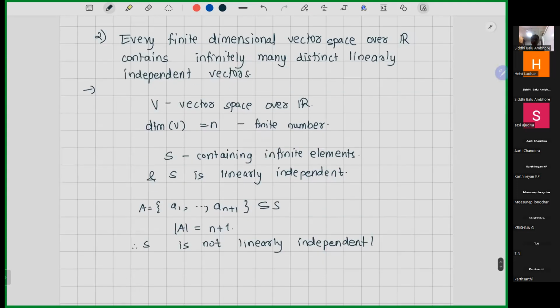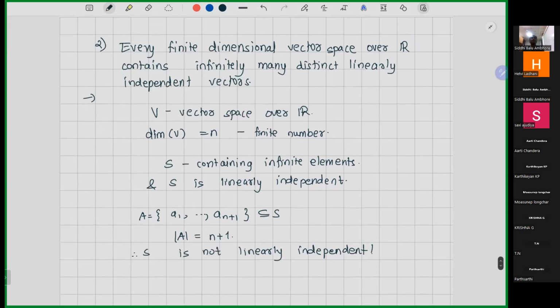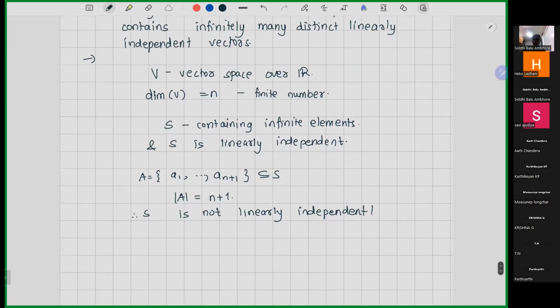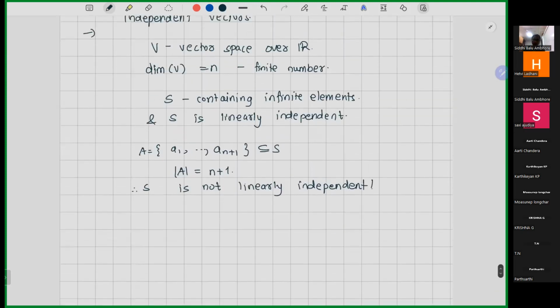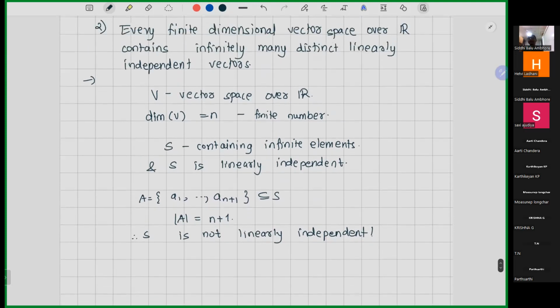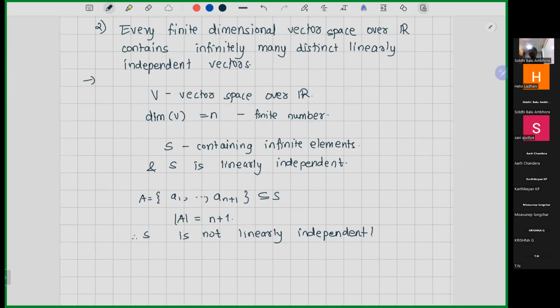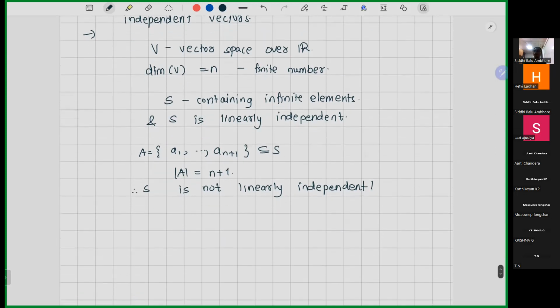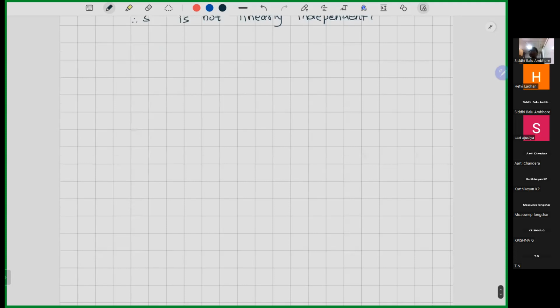So what we have to learn from this is that in a finite dimensional vector space, a set with infinite cardinality can never be linearly independent. Is it clear? Please write in the chat if you are facing any difficulty. There's no comment, so I assume it is clear.